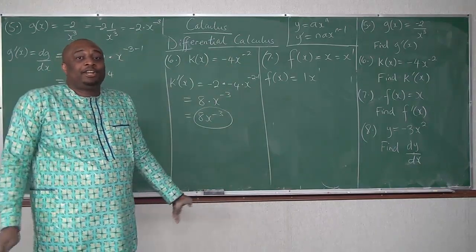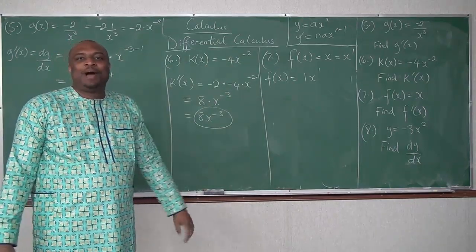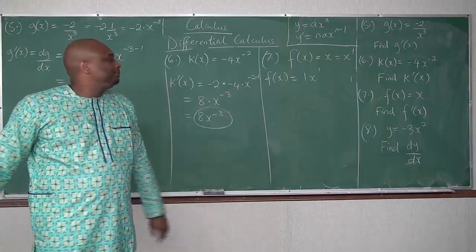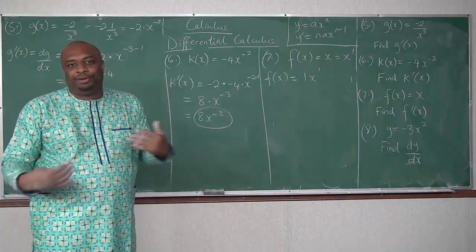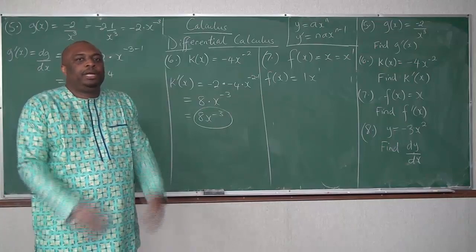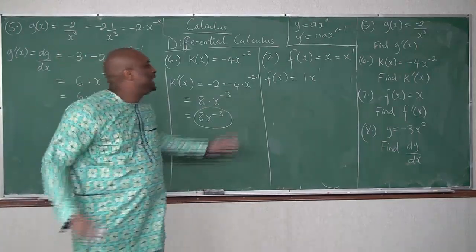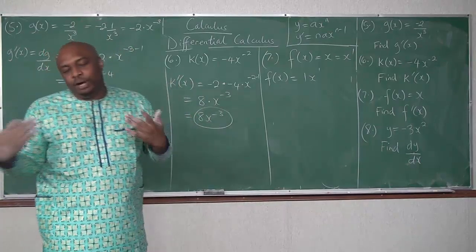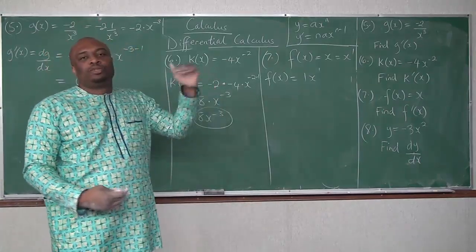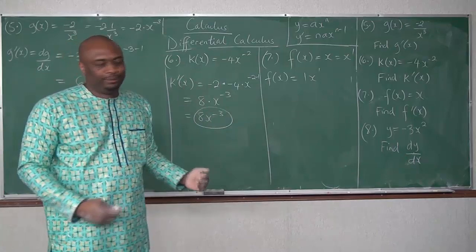Some of you that know it will say, Mr. C, why are you spending all this time? It's for me to break it down and explain it to some people who probably will not understand it. That is why I am breaking it down.